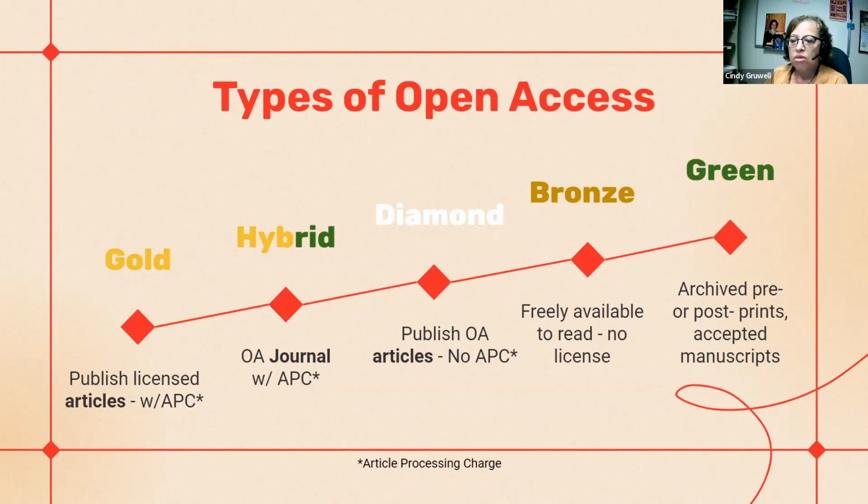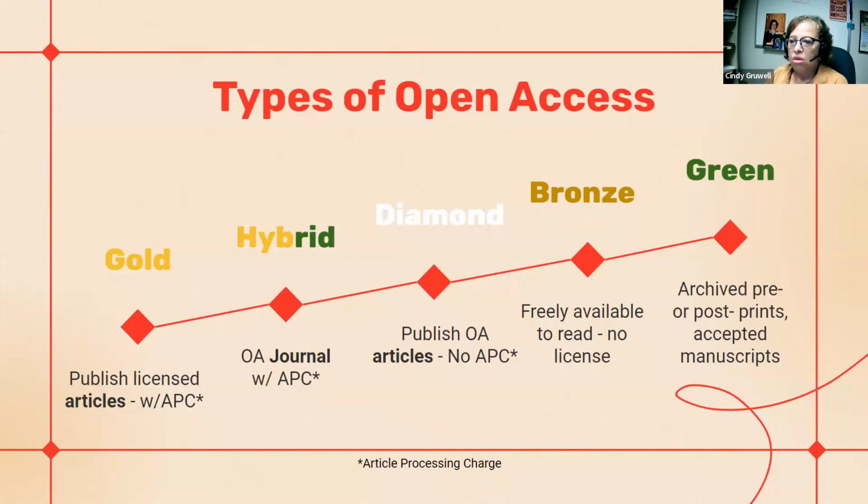Bronze is freely available to read. Sometimes you will find that the journal, every month they allow a couple of their articles to be freely accessible, or sometimes a thematic resource like during COVID, JAMA had a series of free articles.